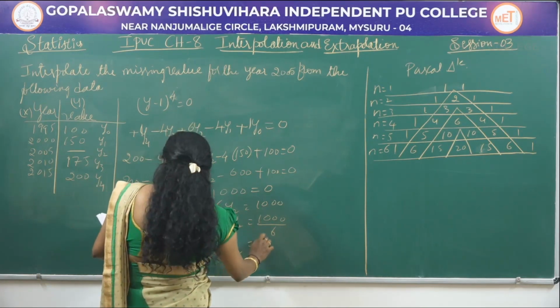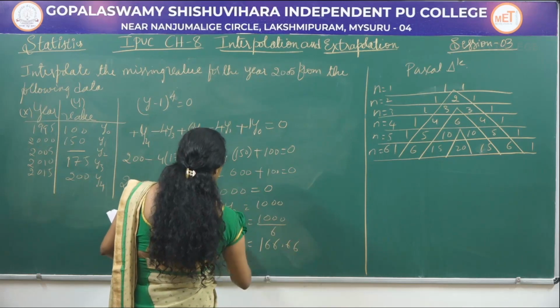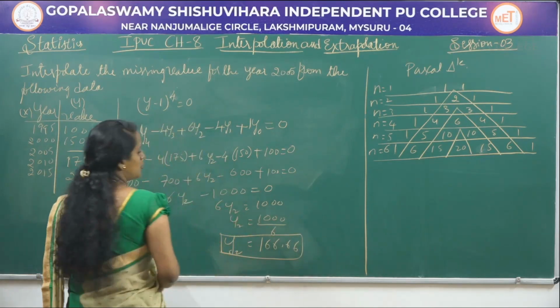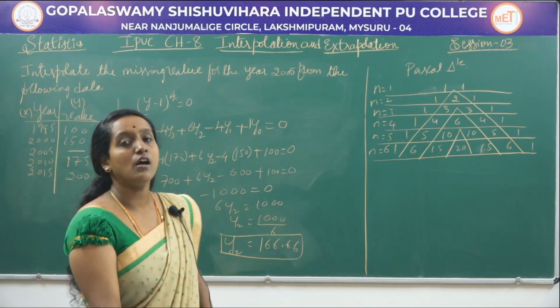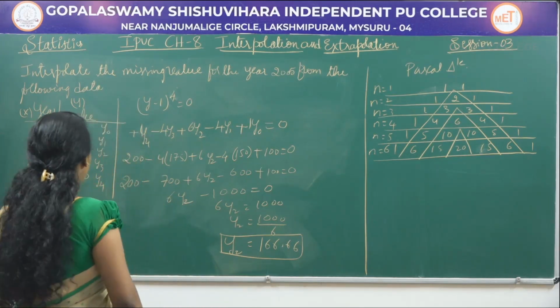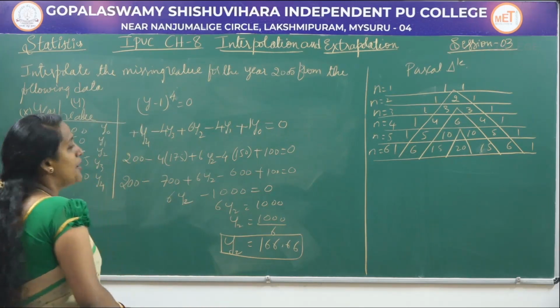So y2 is equal to 166.66. So 166.66 is the missing value in this given problem.